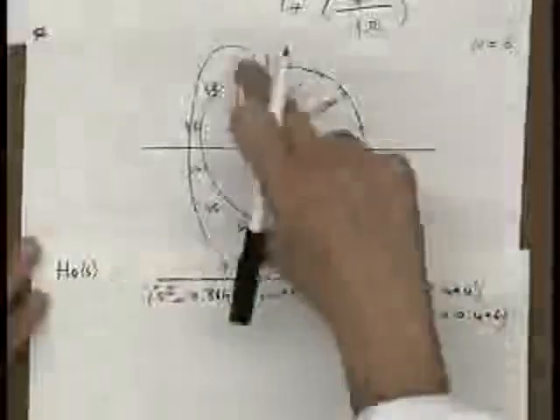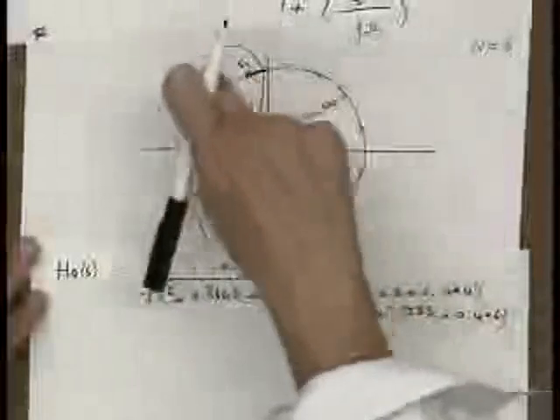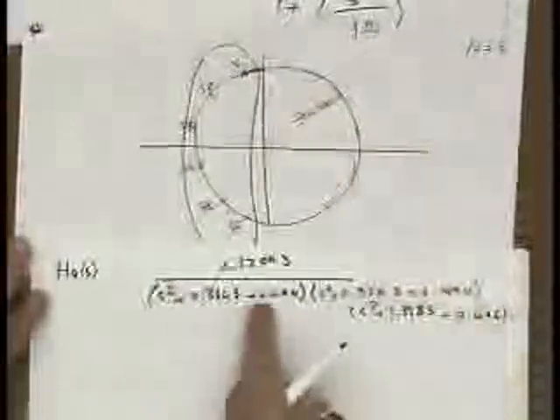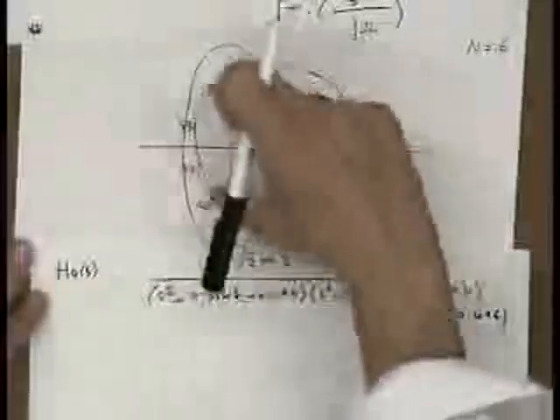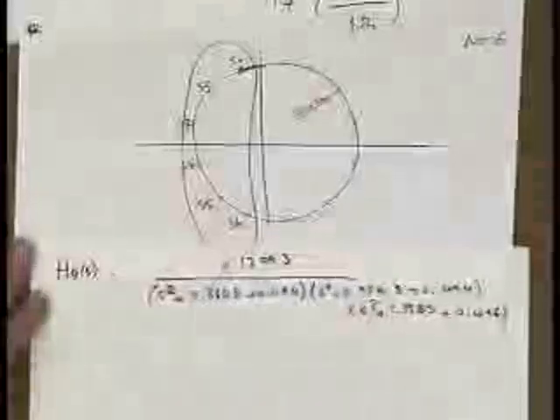I don't know which of these three bracketed terms corresponds to which pair, but each one corresponds to a pair like that. And the reason they have real coefficients is because these are complex conjugate poles, right?